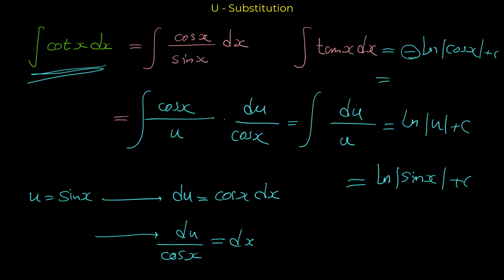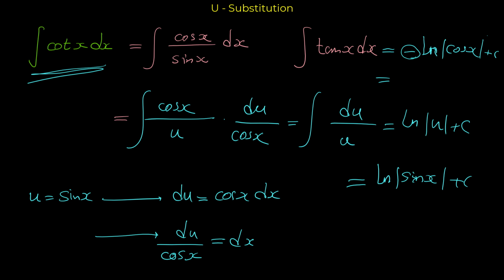Which, if you move this negative to the power here, you remember that? Probably you remember. We can move the coefficient in log functions to the power. If we move this negative to the power, then we can write ln of cosine x to the power of negative 1. But cosine x to the negative 1 is 1 over cosine x, because negative power means reciprocal.